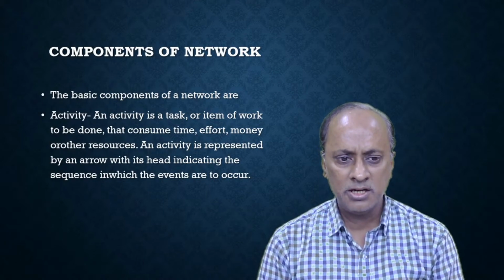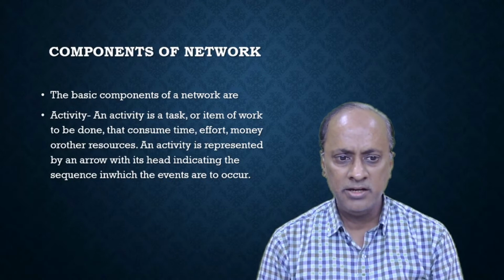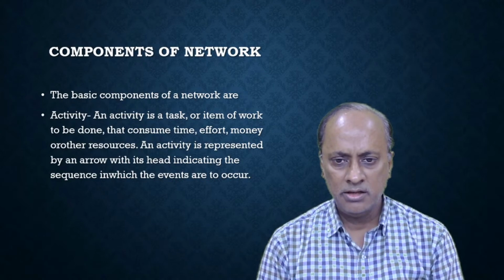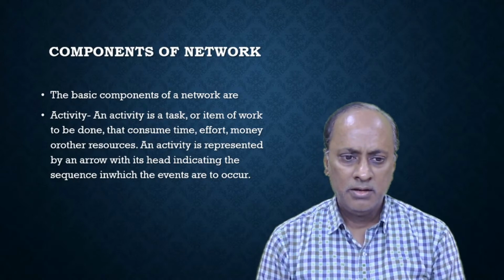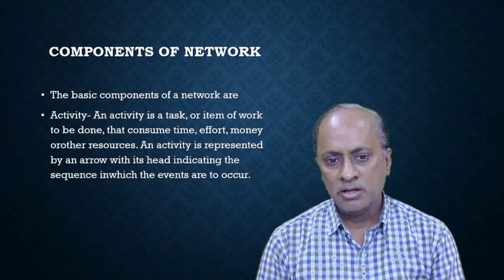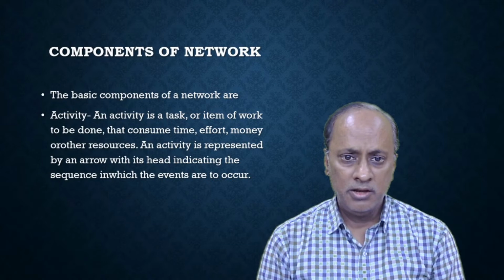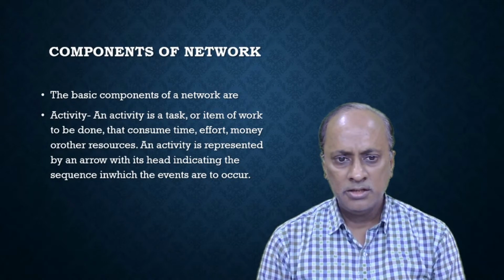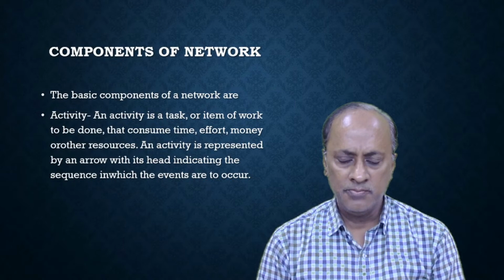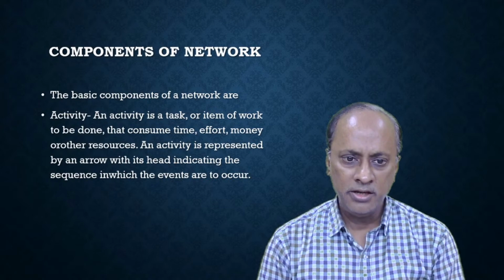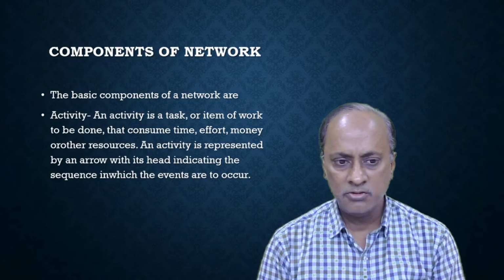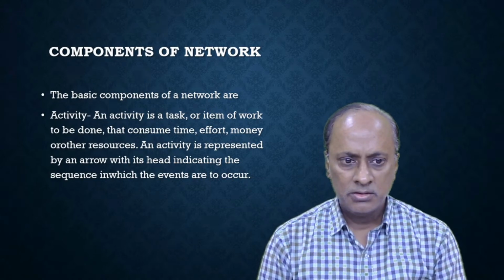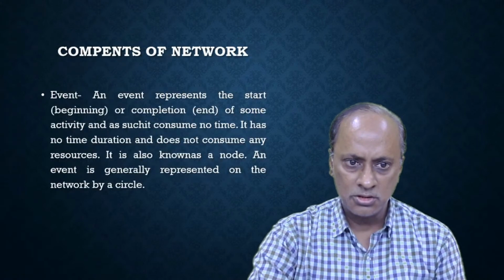An activity is represented by an arrow with its head indicating the sequence. The head generally represents in which order the events are to occur. So the first and foremost important component of a network diagram is activity, and activity is a time consuming entity, effort consuming entity, money consuming entity, and it also consumes resources.